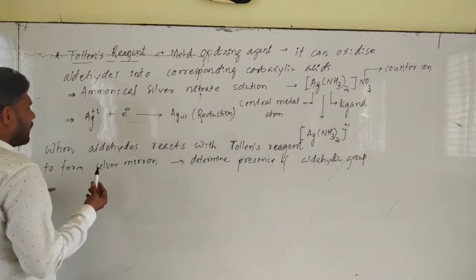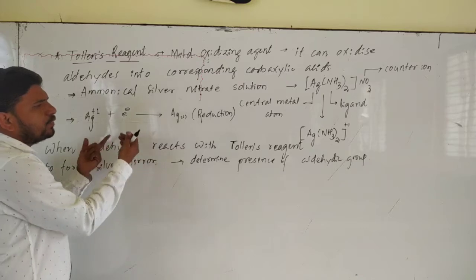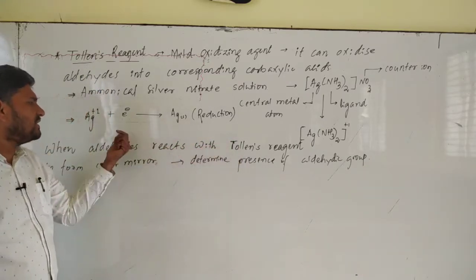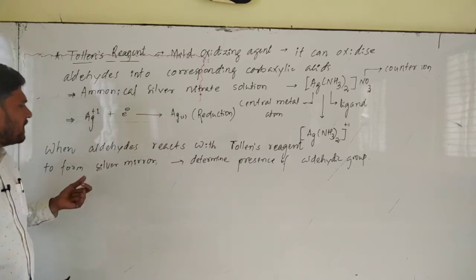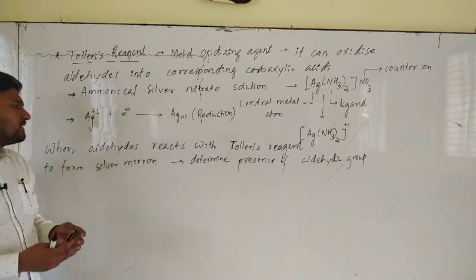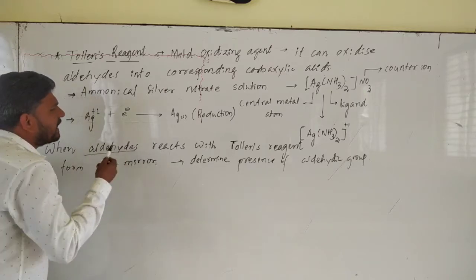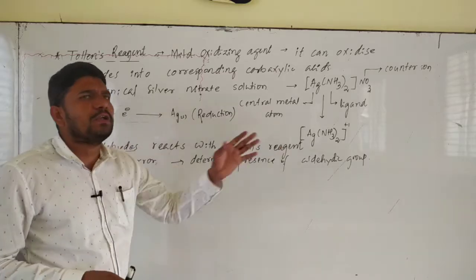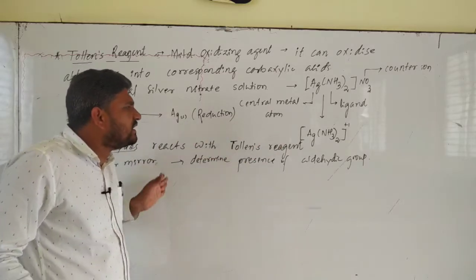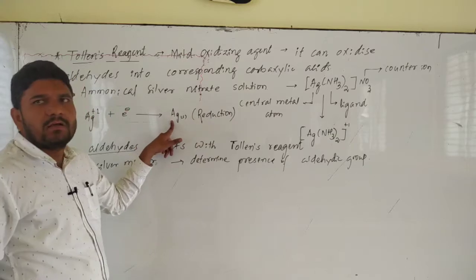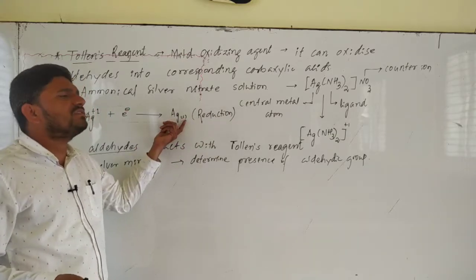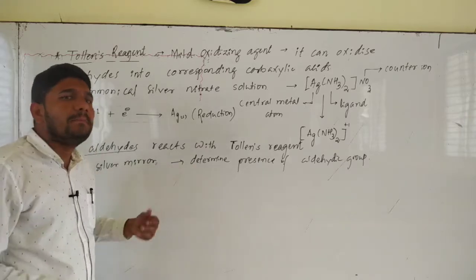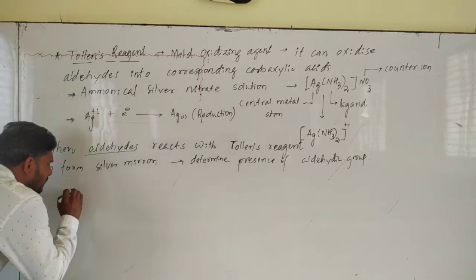Because on adding Tollens reagent to the given compound, if it provides a silver mirror, that indicates there is a presence of aldehyde. Because aldehyde is oxidized to corresponding carboxylic acid, and this Tollens reagent is reduced to silver. Due to the formation of this silver metal, the solution appears like a silver mirror. I will write the reaction.